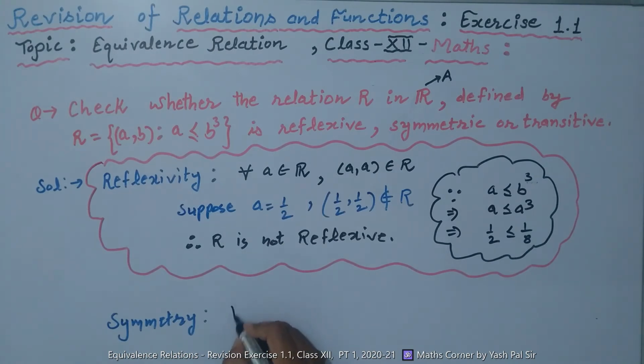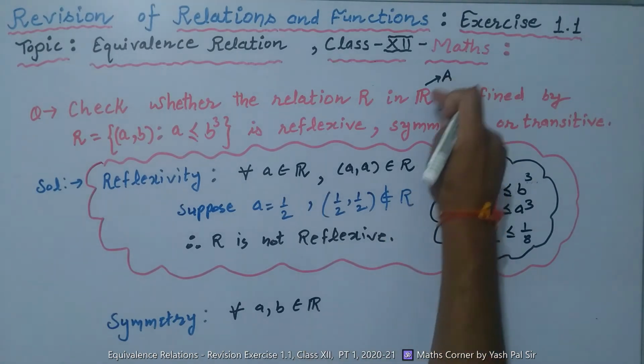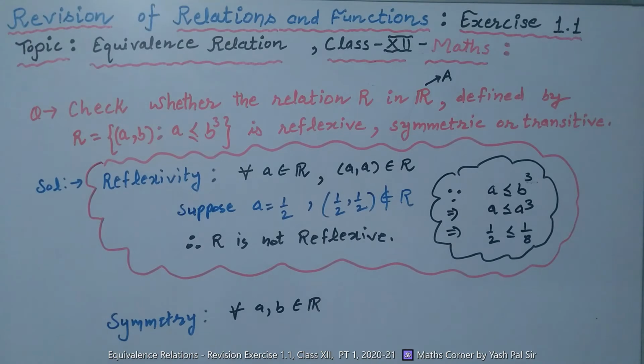For every a, b belonging to the given set, here ℝ, the set of all real numbers, if the first ordered pair (a, b) belongs to R, this implies (b, a) should also belong to R. Now suppose we take two elements, a is 1 or 2 and b is 5.